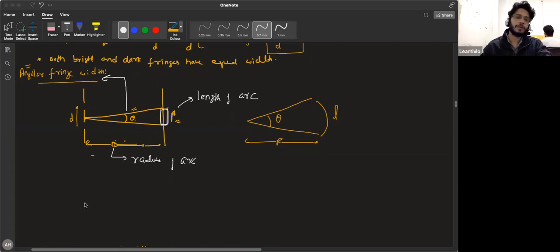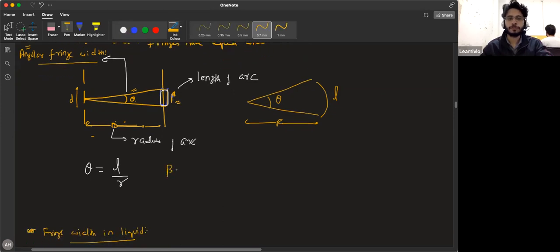Now you can use the definition of angle. Angle is the length of arc divided by the radius of arc. So instead of angle, you have angular fringe width, which is theta.